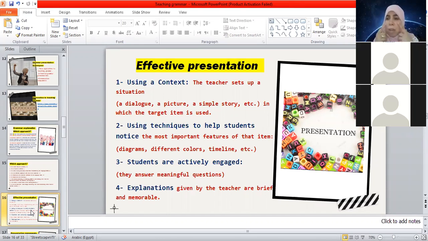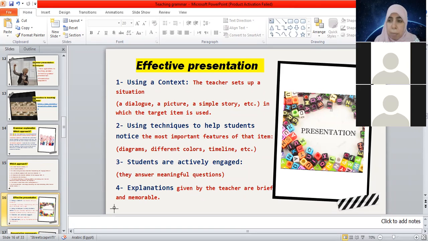So when I visualize what I'm teaching, it's supposed to be more memorable and easy for my students. So these features of presentation can make teaching grammar easy for my students. So using a context is really effective.